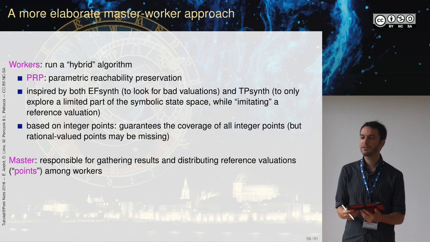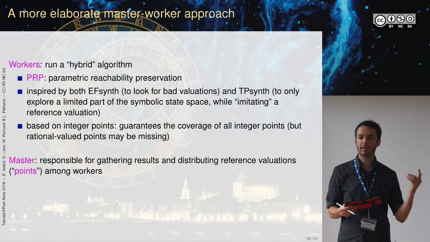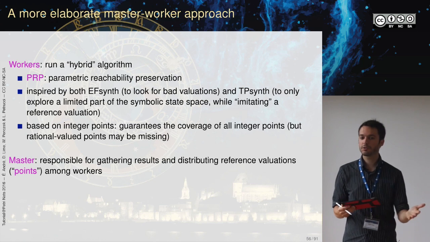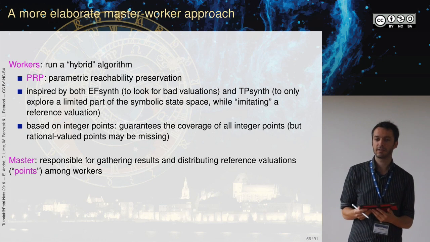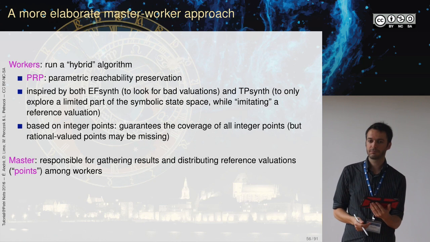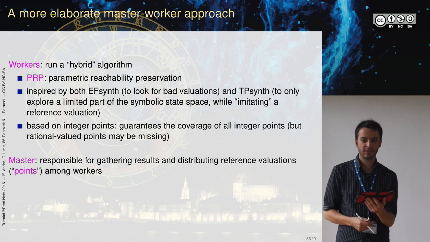So what we did in the past 2 years is to go for master-worker approaches. A master is one computer in the cluster that will be leading everything, whereas the workers just do what the master asks them to do. The workers will run a hybrid algorithm. Hybrid why? Because it is a parametric reachability preservation algorithm.